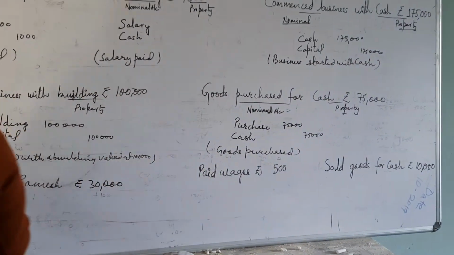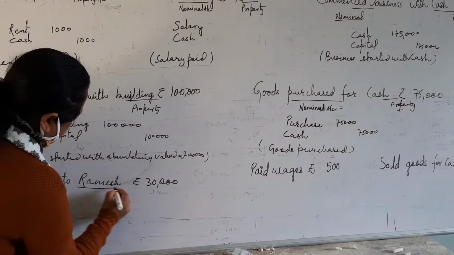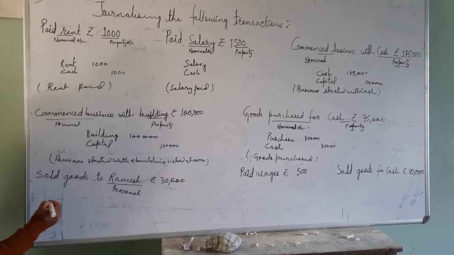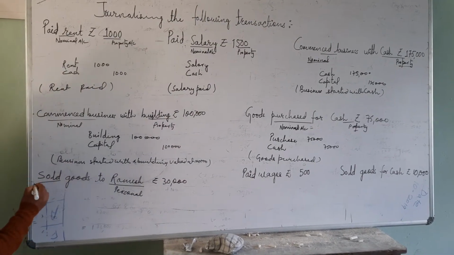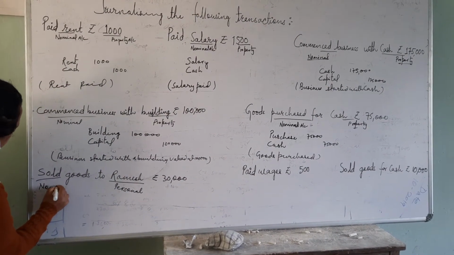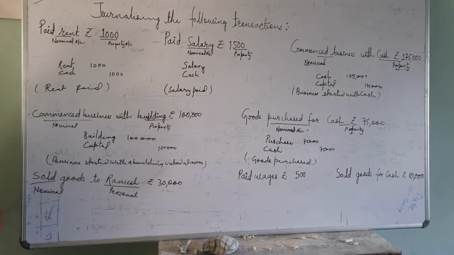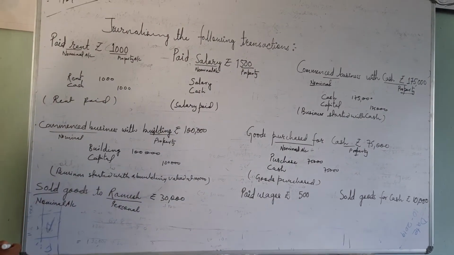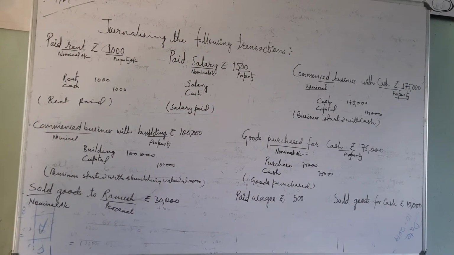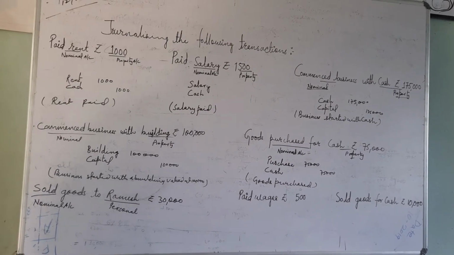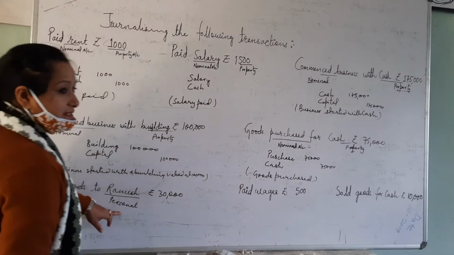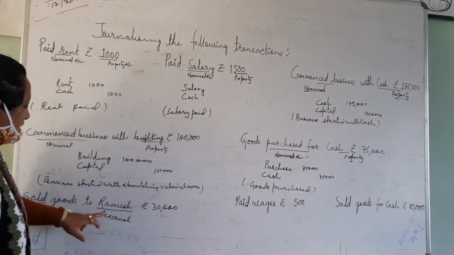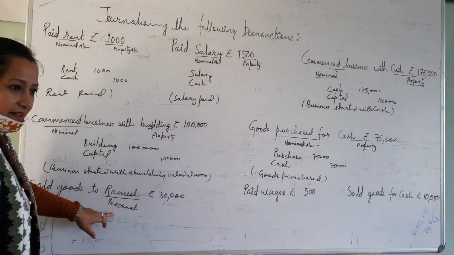Now see here, Ramesh. What is Ramesh? This is personal. And sale. This is nominal. So what does the personal rule say? Debit the receiver, credit the giver. Goods are sold to Ramesh by the business. Ramesh is the receiver.